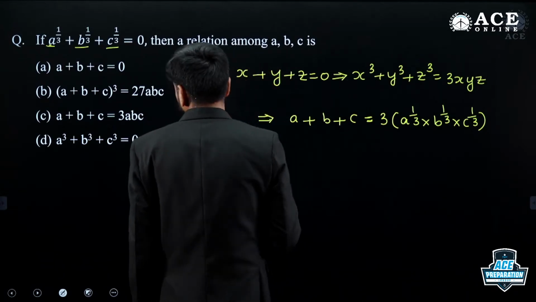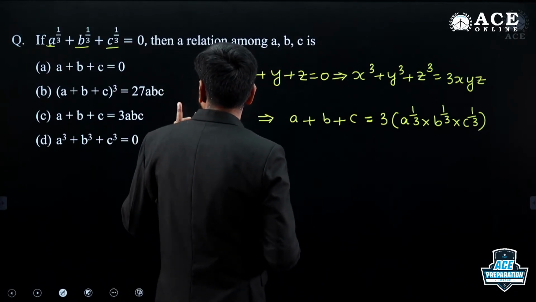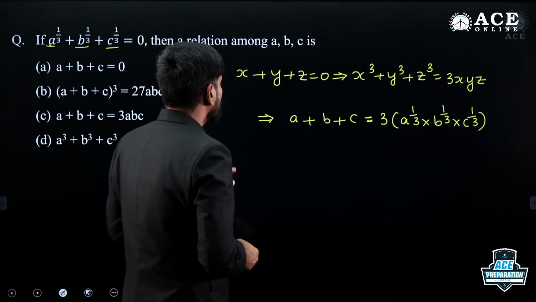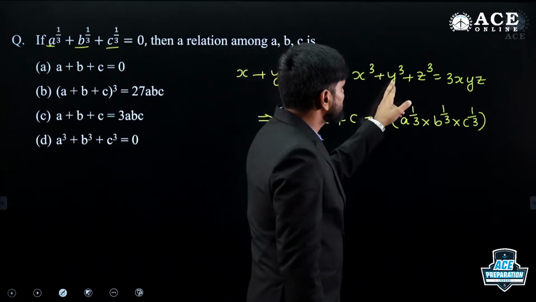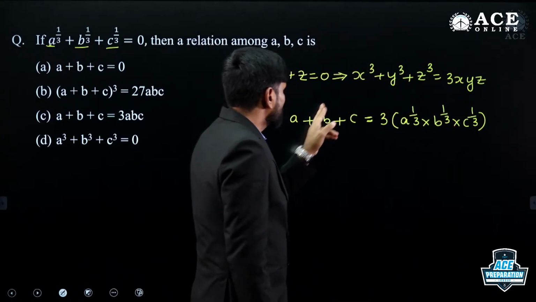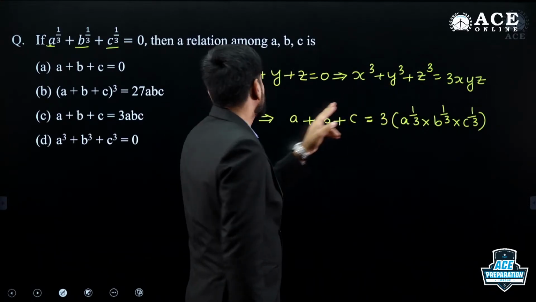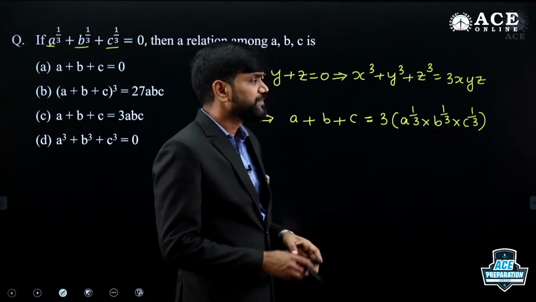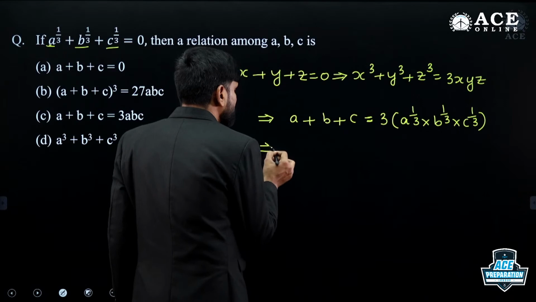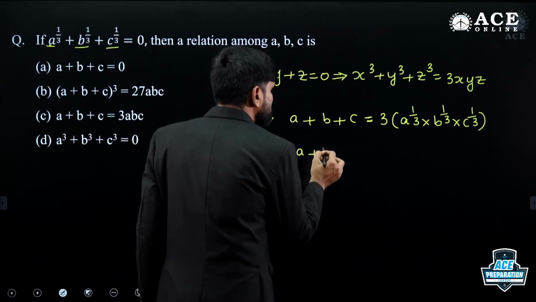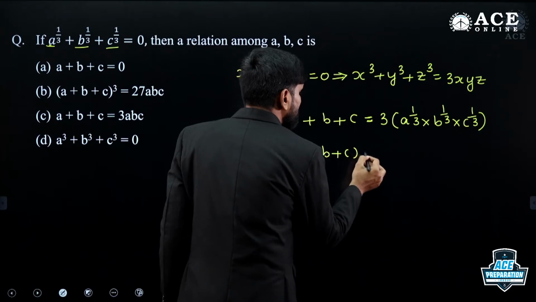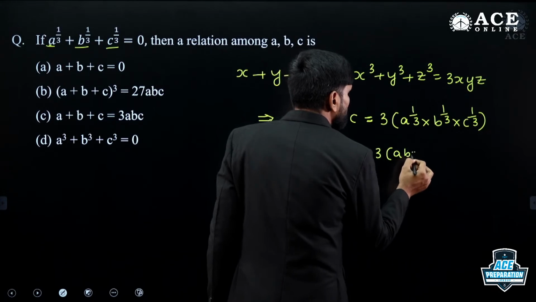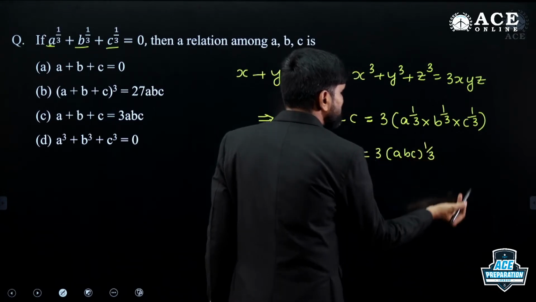So this is the relation we are going to get: x cube plus y cube plus z cube equal to 3xyz. On further simplification, it looks like a plus b plus c is equal to 3 into abc whole to the power of 1 by 3.